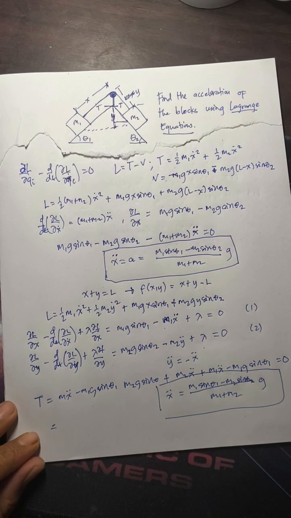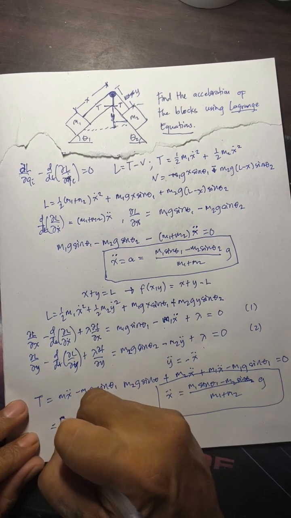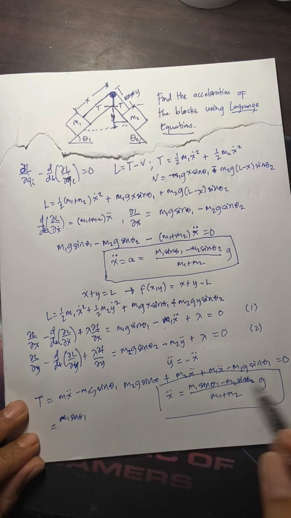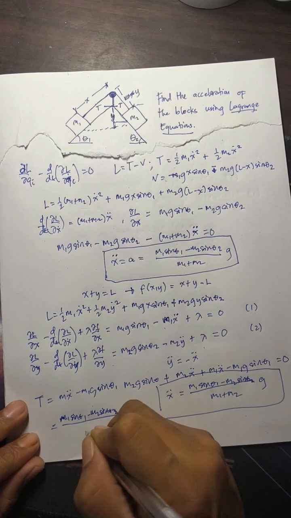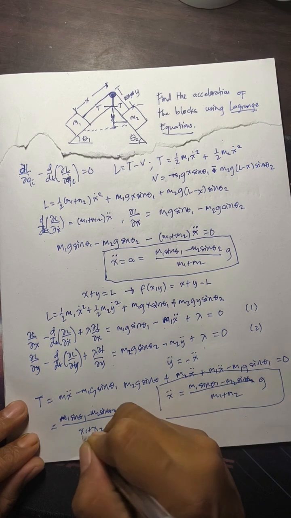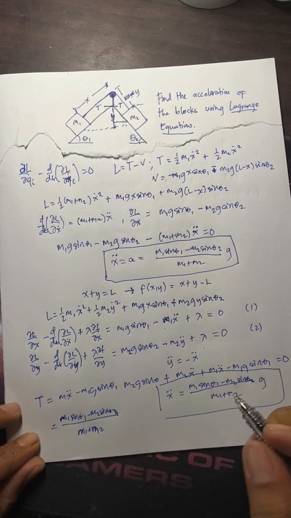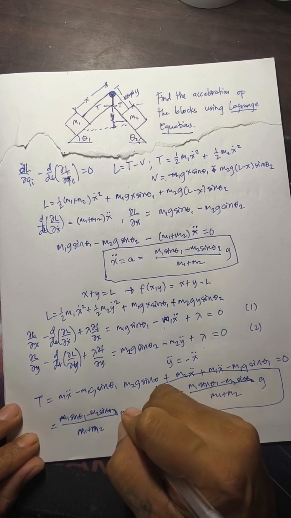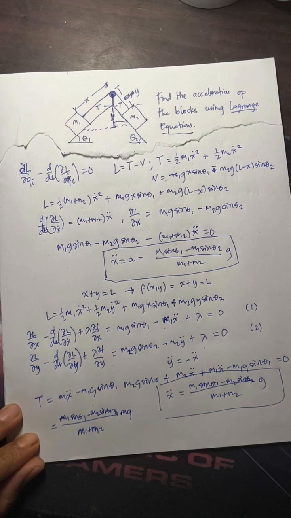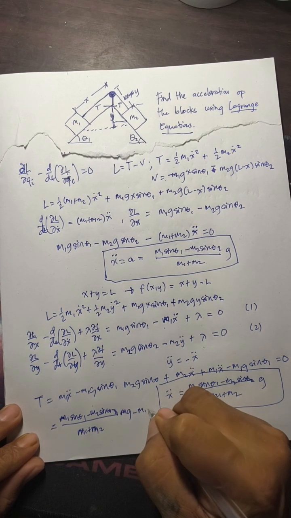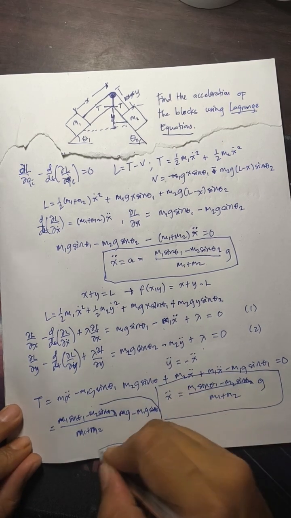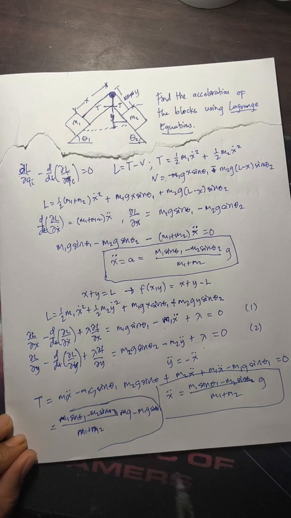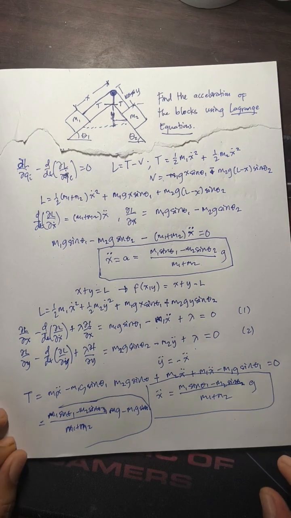So my tension now would be m1 times m1 sine theta 1 minus m2 sine theta 2 over m1 plus m2, times g, minus m1 g sine theta 1. Okay, this is my tension.